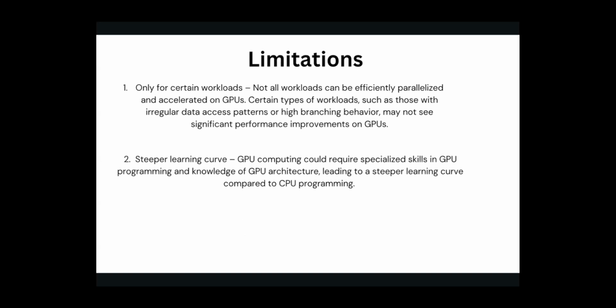We discussed that GPUs really have importance, but there are also some limitations when you try to use a GPU. For instance, GPUs are suitable only for certain workloads. Not all workloads can be efficiently parallelized and accelerated on a GPU.